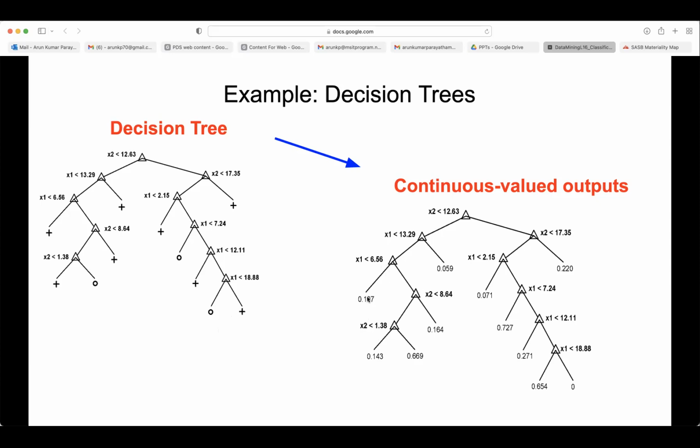It is the positive percentage at this leaf: 0.107 means if you have 11 records, then you have only one positive here. At this leaf you have 0.143 positives, and at the right leaf you have 0.669 positives. So instead of going by majority, you give the percentage of positives at that leaf.